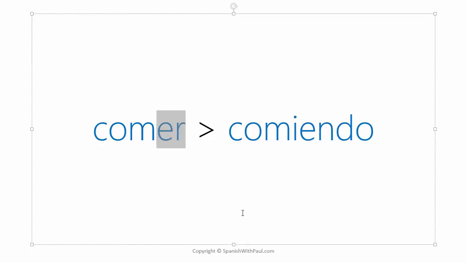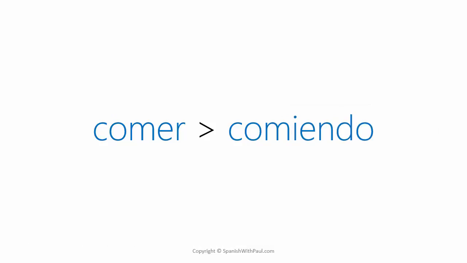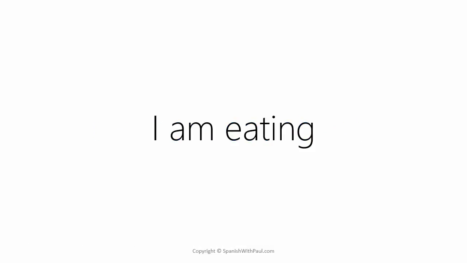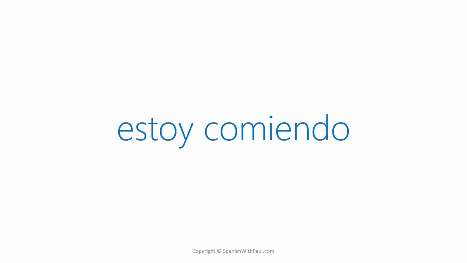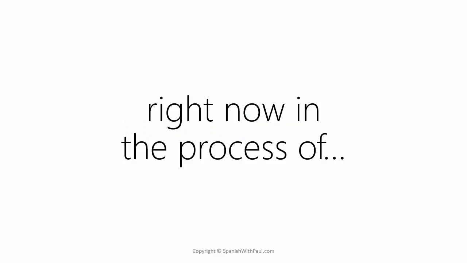Even though it's an ER verb, not IR, it still takes on that same ending. So you really only have two key sounds. You have ando or yendo. So sticking with comer, again, you could say I am eating, and that would be estoy comiendo, meaning right now I'm in the process of doing that action.